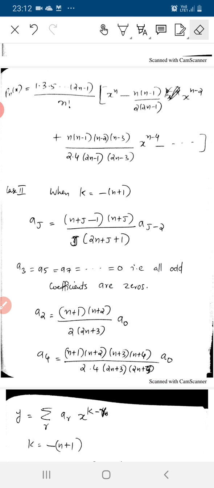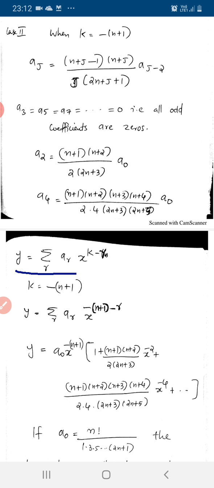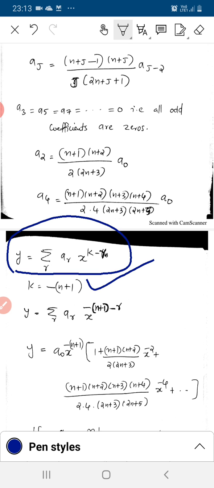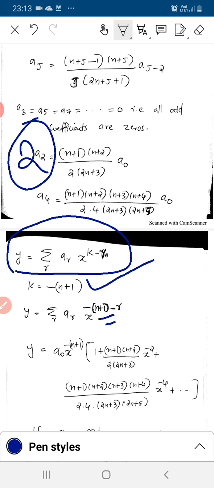And if I substitute all these things in the general equation, with k equal to minus n plus 1, we have this series.